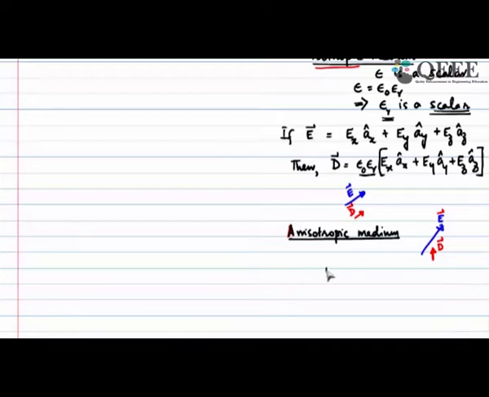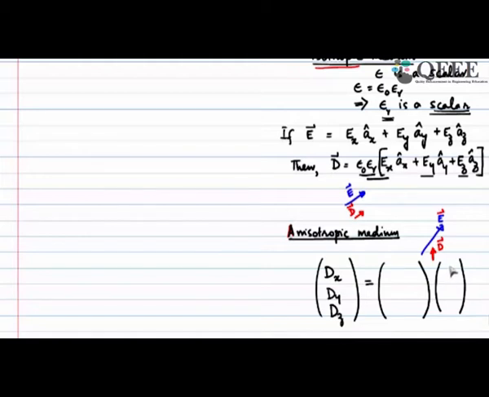I represent it by saying that Dx, Dy, Dz, the three components of the D vector, are not a linear multiple, not a scalar product, but a tensor product with Ex, Ey, Ez, and there could be epsilon 11, 12, 13, 21, 22, 23, 31, 32, 33.